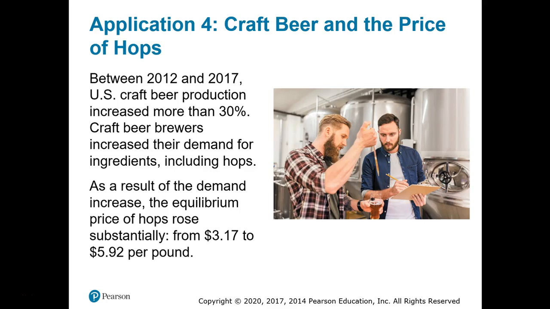The equilibrium price of hops rose substantially from $3.17 to $5.92 per pound. All because people like their homebrew beer, that gourmet beer. That's one example.